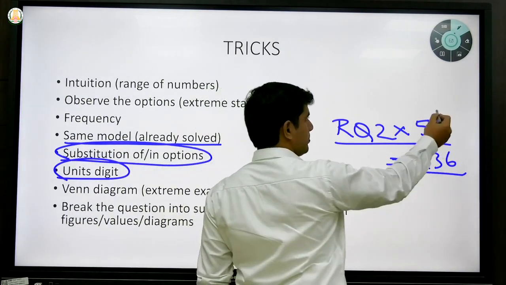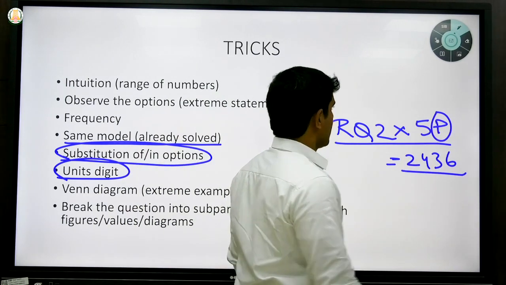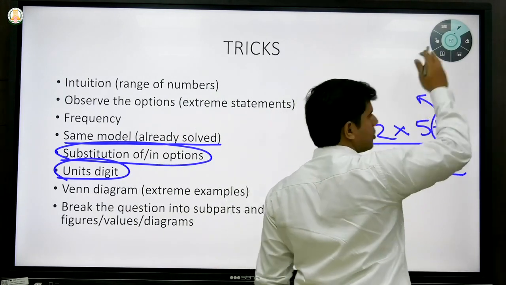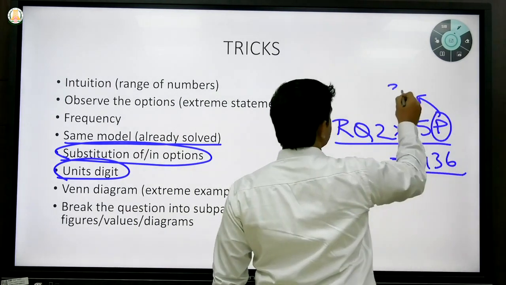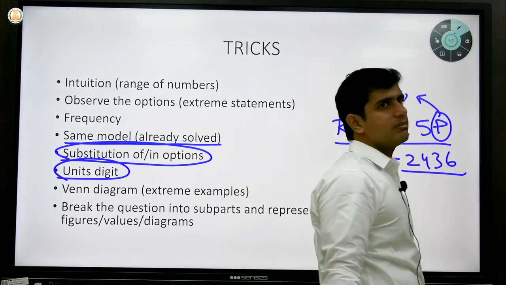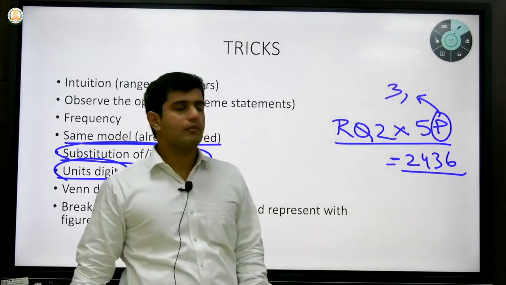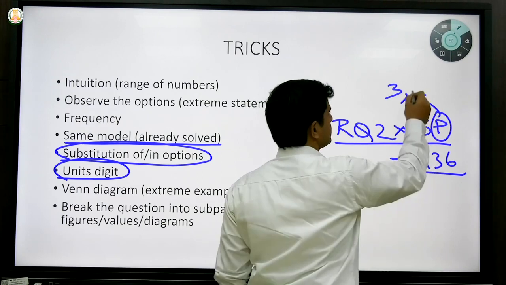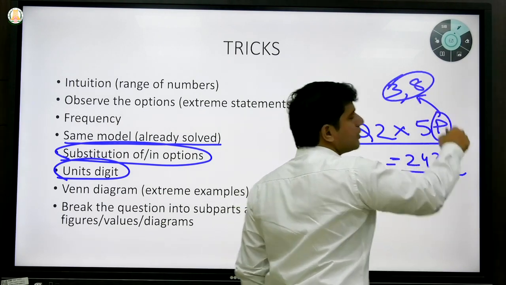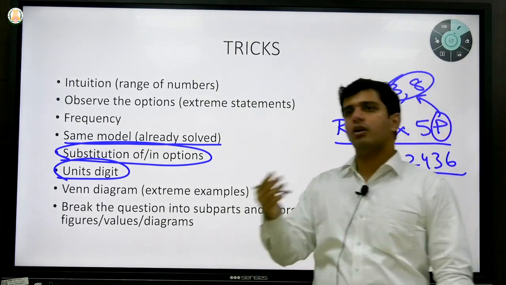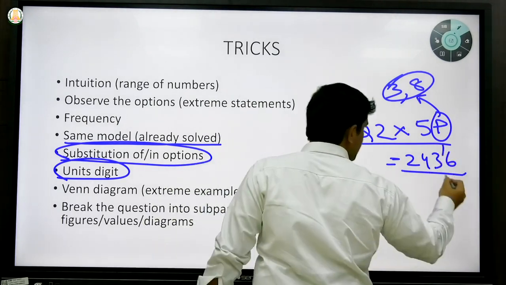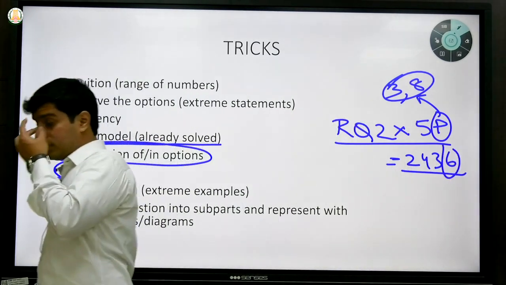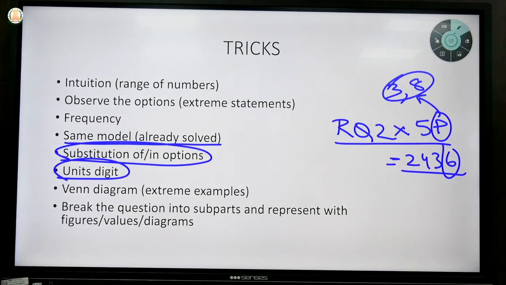Can you tell me what is P? So first answer, again you have to go 1, 2, 3. So 3 will be the first answer. Is there any other possible number? 8. So now you know the range of P. P can be either 3 or 8 just by looking at the units digit. So this will help you in finding out the answer.